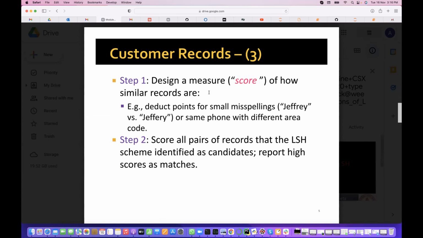You may not say that they are referring to the same entity because one field is varying, but you can do other proofs. You can call the two different phone numbers and verify with the customer, are they the same? You agree with what I'm saying? Yes, sir. That is one idea.